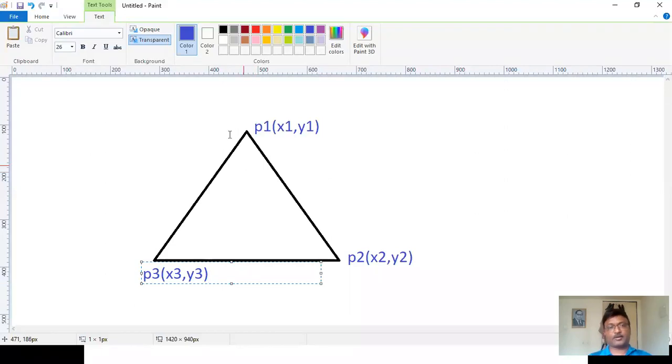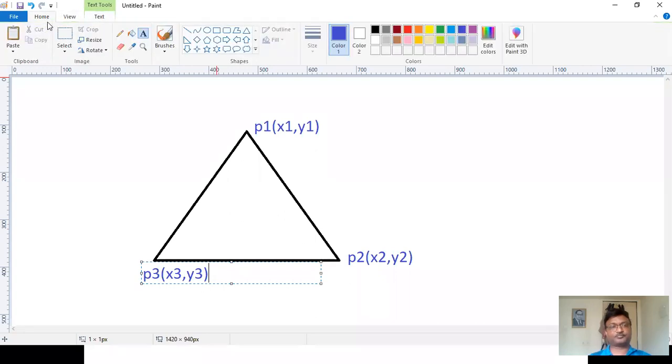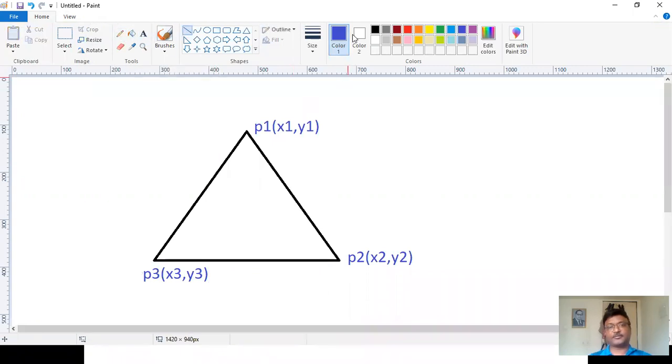Now when I am going to draw the line, suppose I need to draw any line, so a line having a point, so P1 to P2.